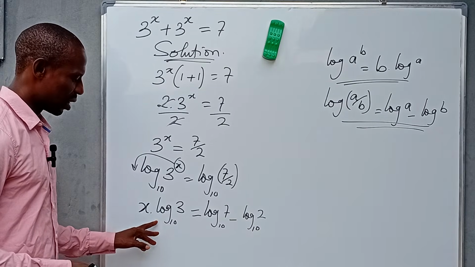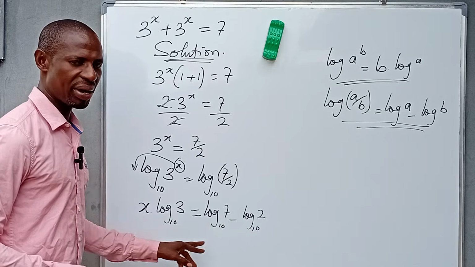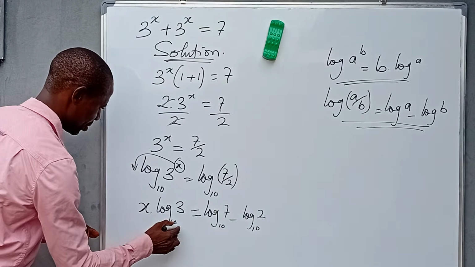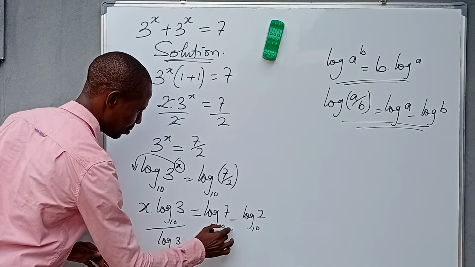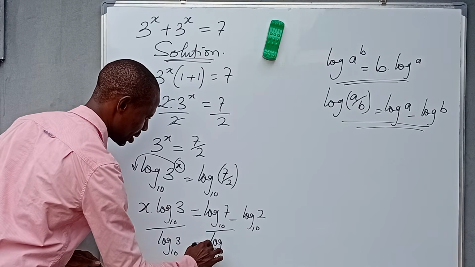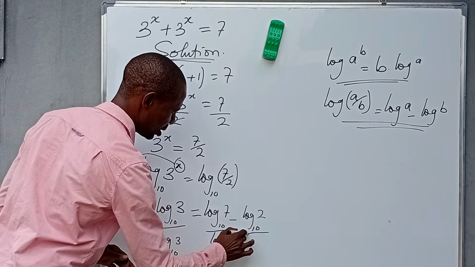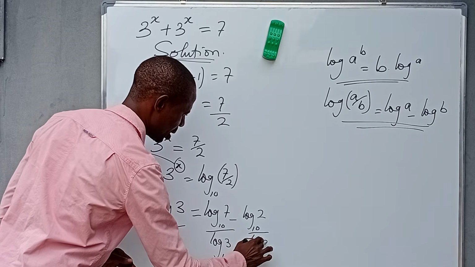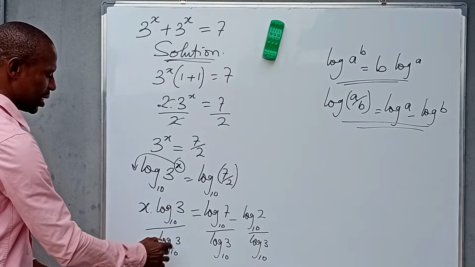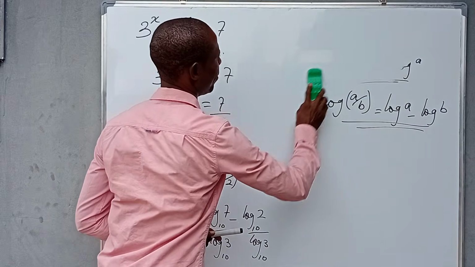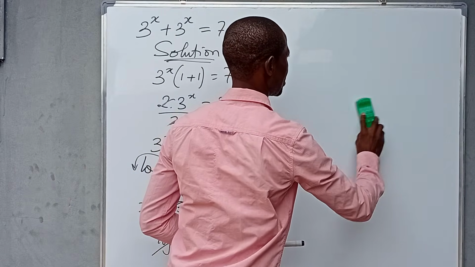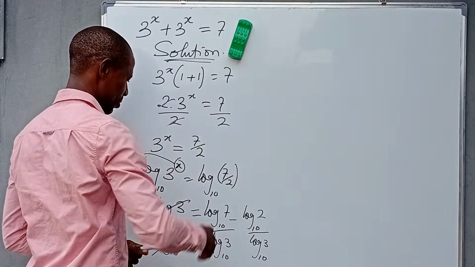All right, then the next we're going to do here is this. Because we are looking for our x, we divide through by log 3. So we're going to divide this by log 3 base 10, we divide this by log 3 base 10, we equally divide this by log 3 base 10. And so we're going to have x alone on the left-hand side.